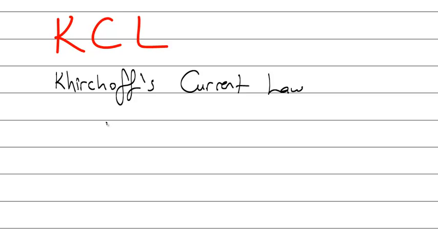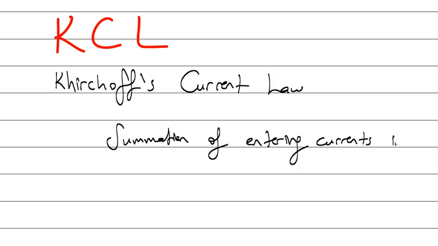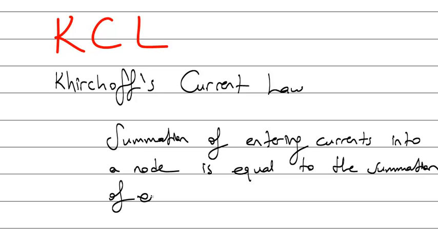It says the summation of directed entering currents into a node is equal to the summation of exiting currents from that node.